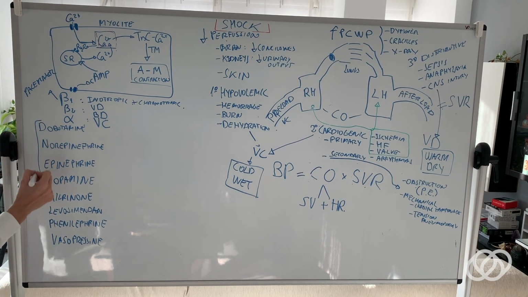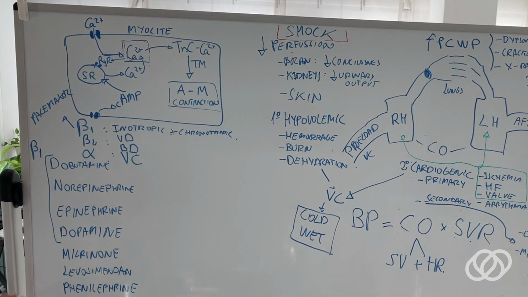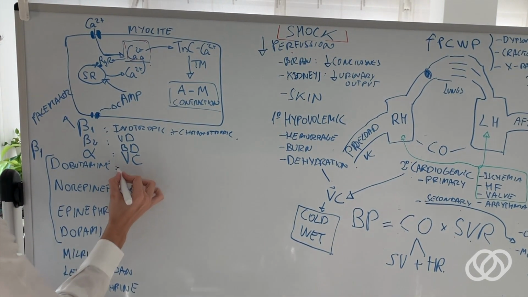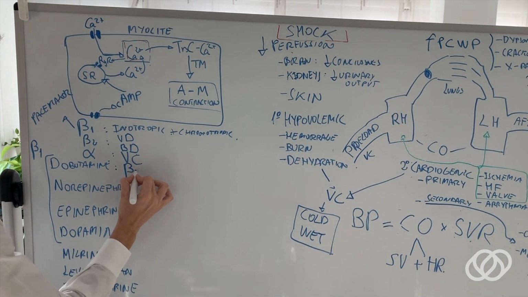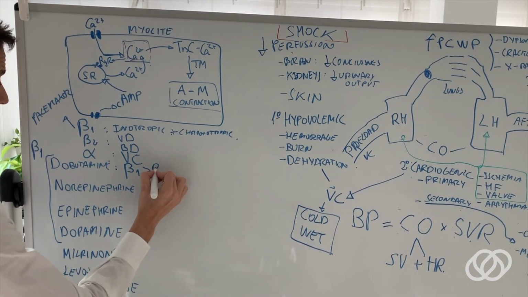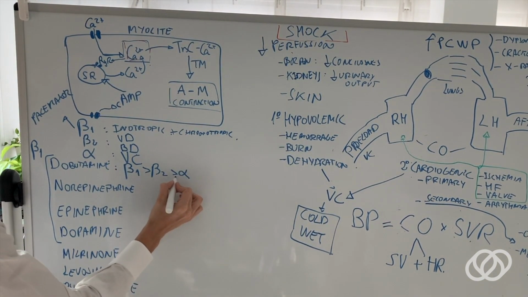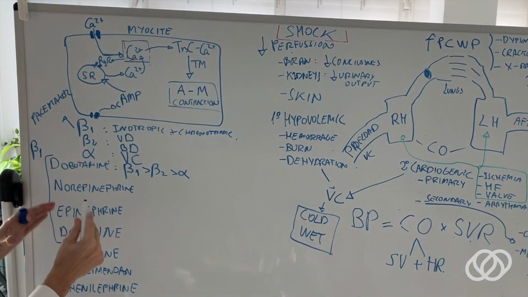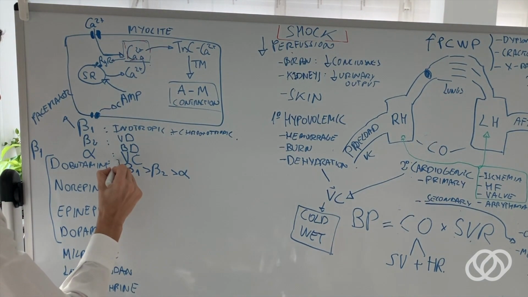Remember, those first four are the ones that act on the beta-1. They are inotropic. So let's start with dobutamine. Dobutamine is an inotropic that mainly acts on the beta-1. It also acts on beta-2, but less than on beta-1, and also on alpha, but also less. So when we give a patient dobutamine, it's because we are thinking about the beta-1.